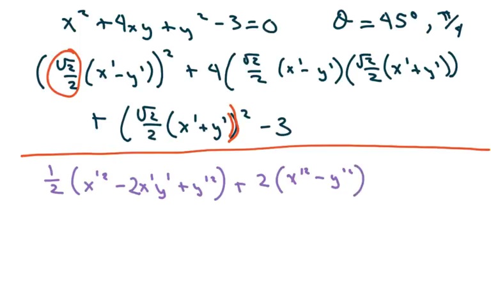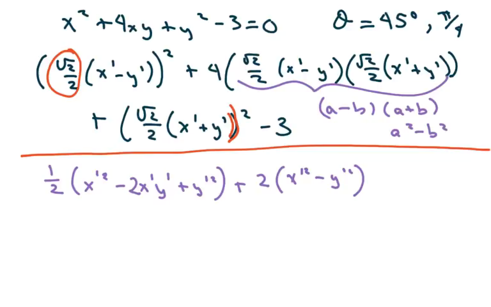Basically what I'm doing here, very quickly, is I'm using the a minus b times a plus b equals a squared minus b squared type formula. Alright, so this is what this is right here. And I did the same with this. So, and 1/2 of 4 would be 2. Okay. If you need to take a little longer on it, you can.